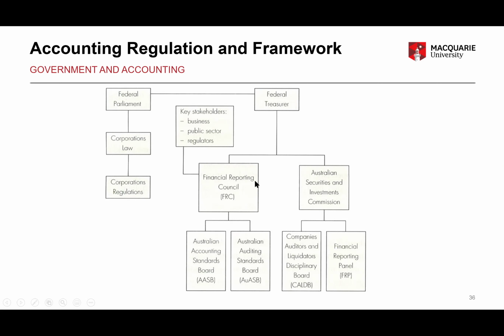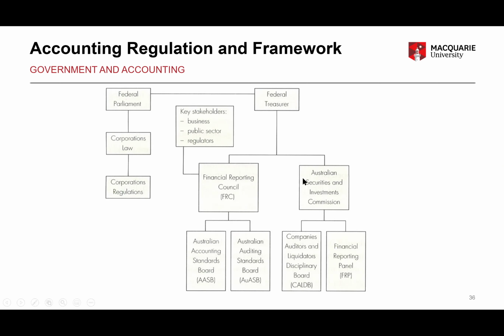This helps to give it good oversight of whether these accounting standards are appropriate from the point of view of the different key stakeholders who are affected by them. And in the process of setting the accounting standards, input from different stakeholders is encouraged as well, so that we get standards that represent the views of different interest groups. So these are the rules that have to be followed for accounting and financial reporting.